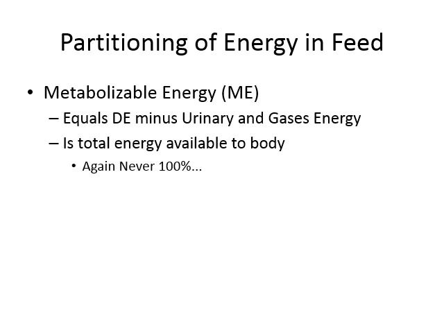Partitioning the energy in a feed. The next step is metabolizable energy. We start with digestible energy and we subtract the energy lost while it's digested. It goes through processes that are not available to the animal. So this is urinary losses, specifically the energy in urea that is excreted from the body. Urea is a fairly energy dense molecule, but none of that energy is available to the animal.